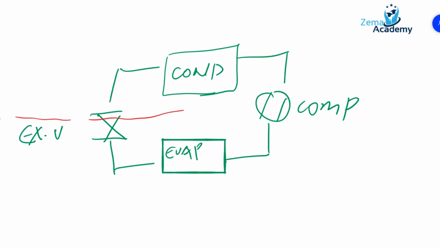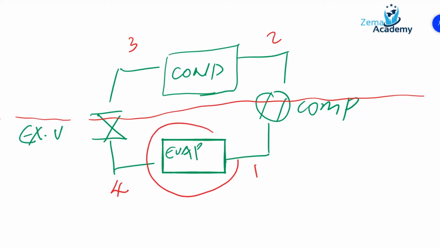So if I divide the system into half, like this, let's start, I'll number them as 1, 2, 3, and 4, so we'll know the different points across the circuit. I will start with the primary function of an evaporator. An evaporator takes, depending on the source, let's start with air in here.